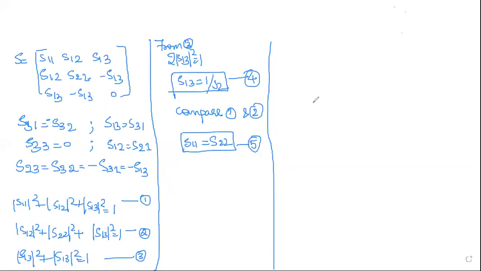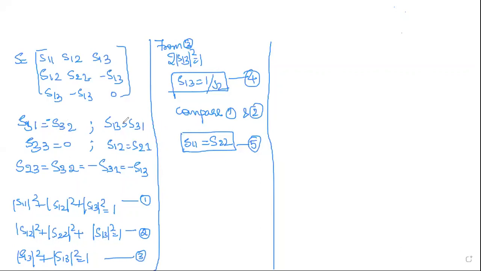We will continue the derivation of yesterday, that is the E plane T. You had seen that this is the S parameter which we had written, S11, S12, S13. Similarly, based on the symmetry property, S12, S22. This comes from the symmetry property as S23 is equal to S32, both are the same, but we know that S32 is also equal to minus S31.